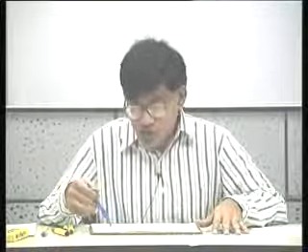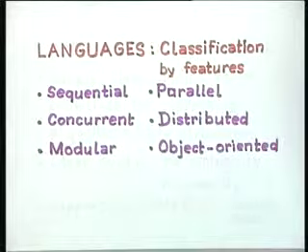Yeah, distributed languages are those in which you actually assume that the different units of a program are going to lie geographically distributed across, let's say, a network, and they have to somehow cooperate to achieve maybe some common task, right? Then you have these.